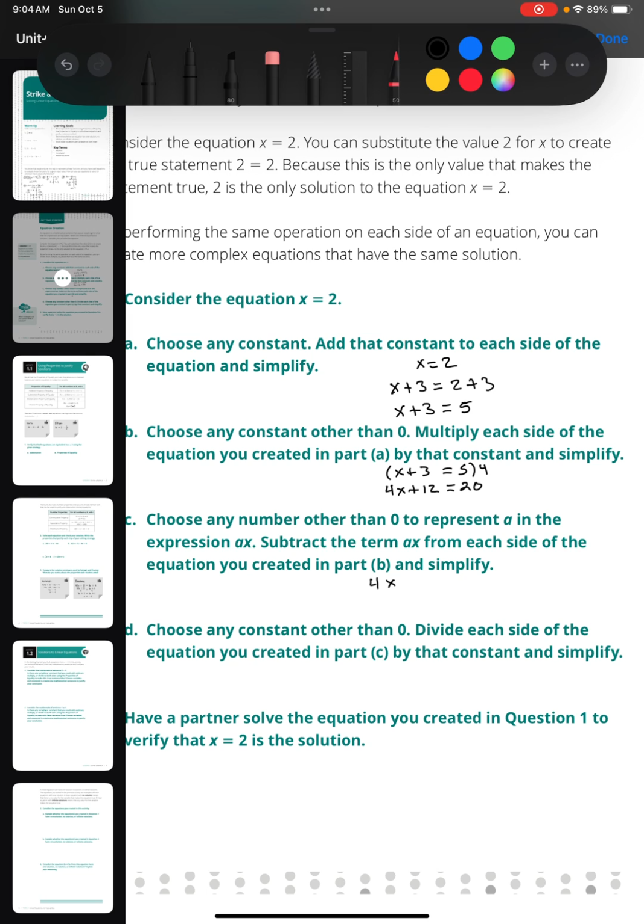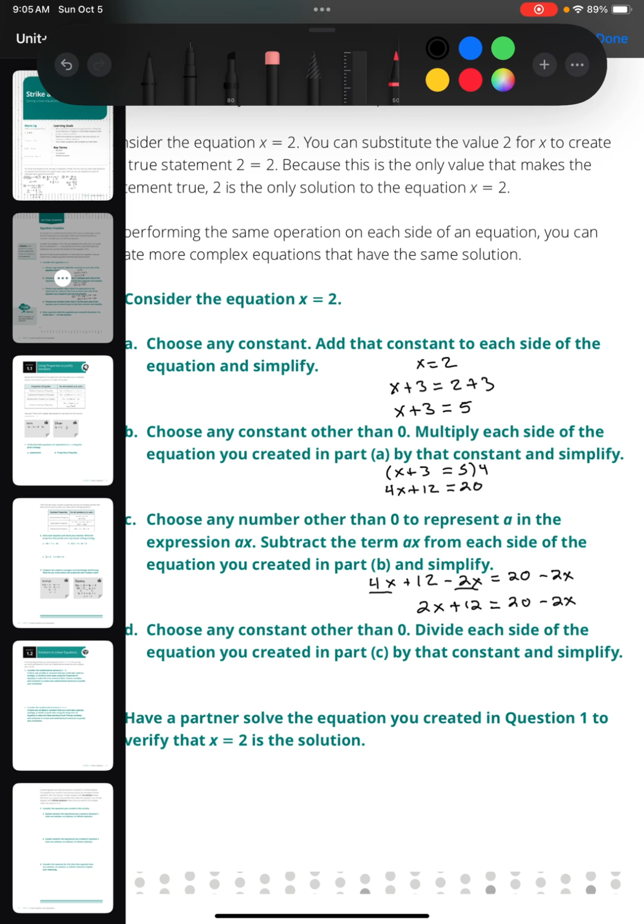So if I take our previous equation, 4x plus 12, and I'm going to subtract 2x on each side of that equation. And now I can combine the like terms on the left side. 4x minus 2x gives me 2x. And now I have 2x plus 12 equals 20 minus 2x. Again, we made it more complex, but it's still an equivalent equation.